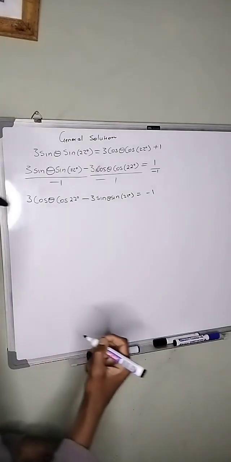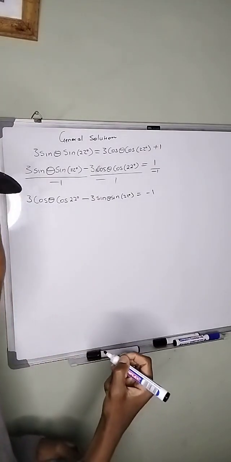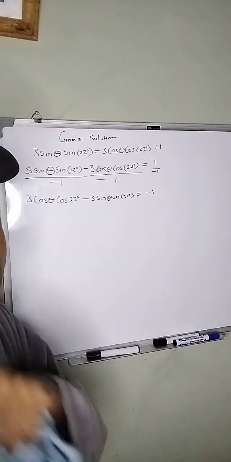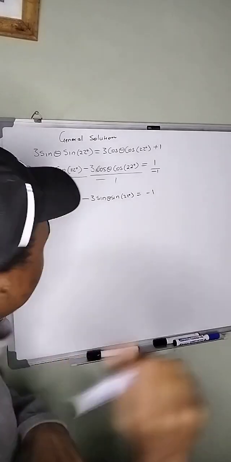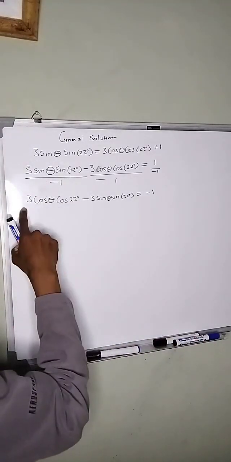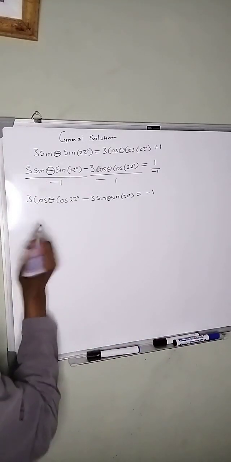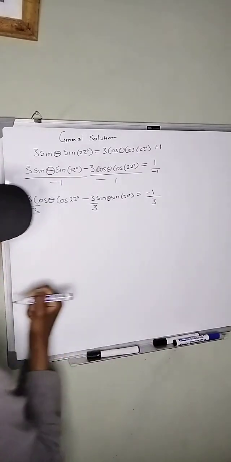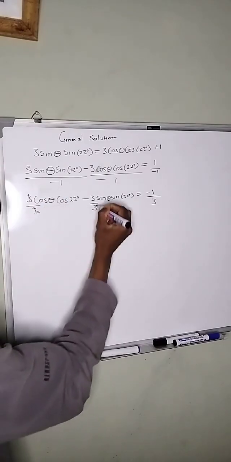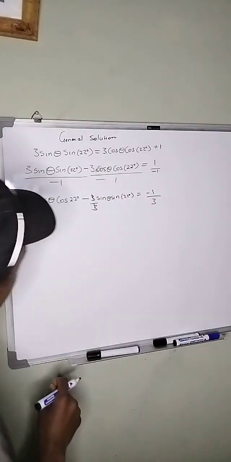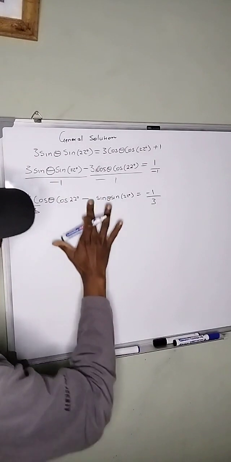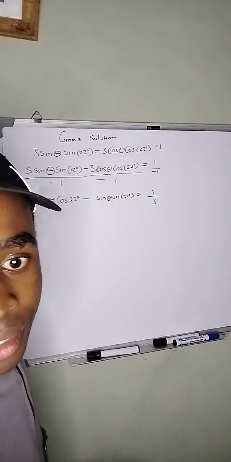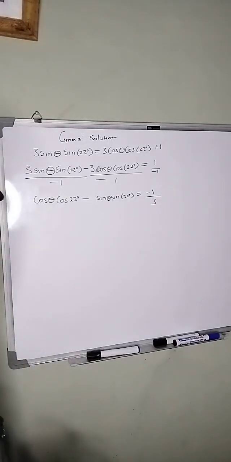So now you can see we are getting somewhere, right? And we chose number 1 on our previous identities. So now I'm going to take out the 3. Obviously, I'm going to divide everything by 3. This divided by 3, divided by 3, and divided by 3, right? This will cancel that, and this will cancel that. And I'm going to be left with these guys. Are we still together? Can I get a yes or no?